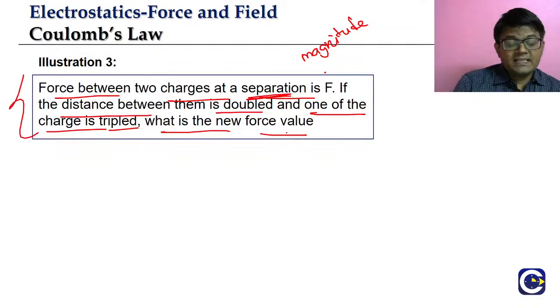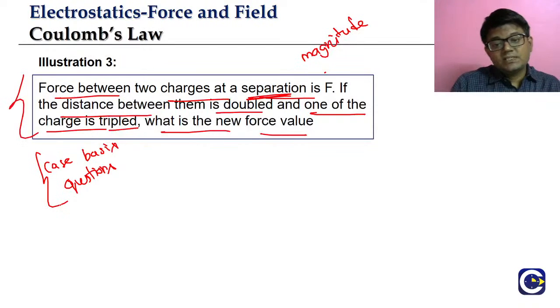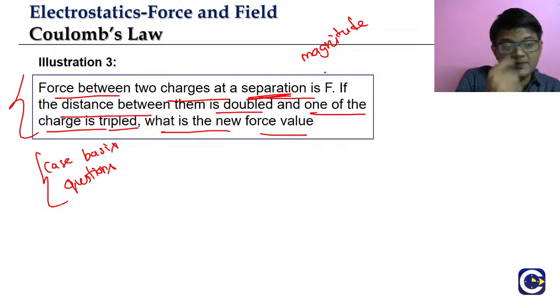In mathematical questions we call them case-based questions and solve them. Why do we say case-based questions? The force between two charges at a separation is F, which is case 1.